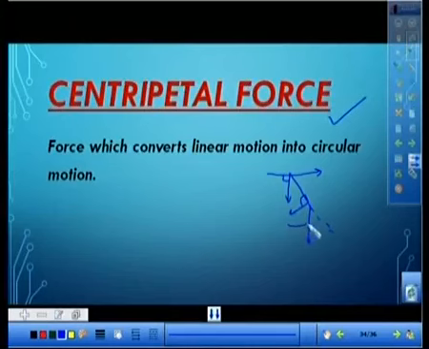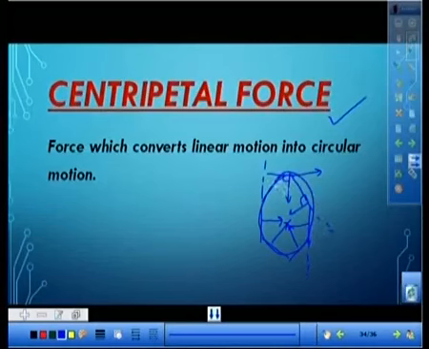Again I will give it some perpendicular force, it will move along this side. Again there is a force, it will move along this side. And if I create a circle, then you can see that this motion is circular motion.